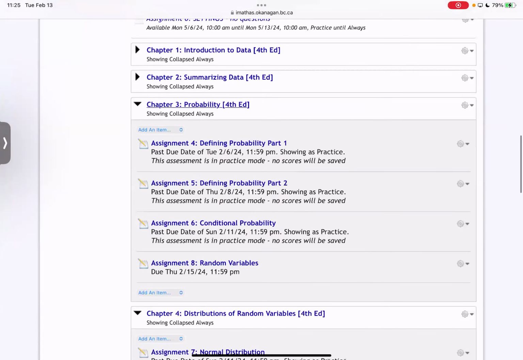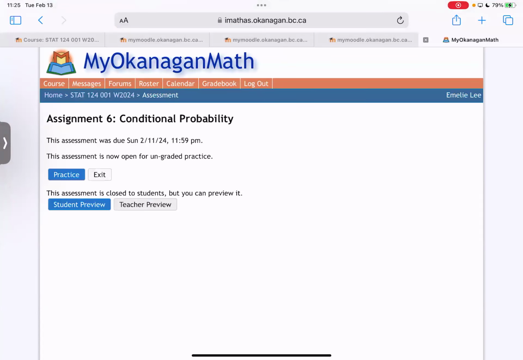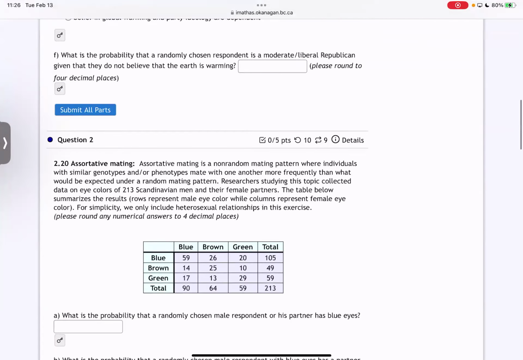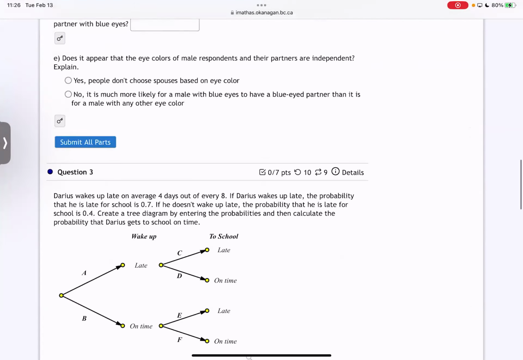Conditional probability. Two, 3, 4, and 5. You got it. I'll do this. There.